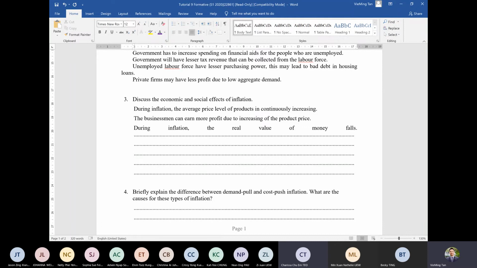Correct, good. Then how about the workers who receive a fixed income? They're getting disadvantages. Why? Because the real income of the people who receive the fixed salary is reducing, right?